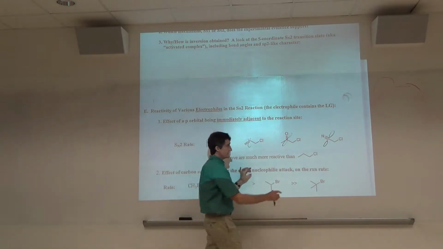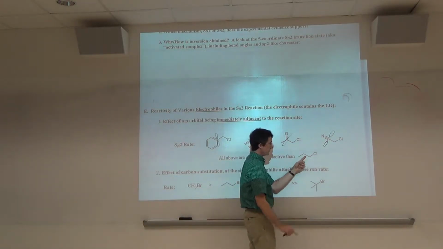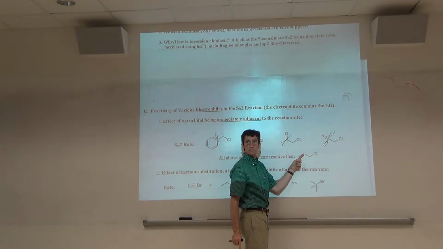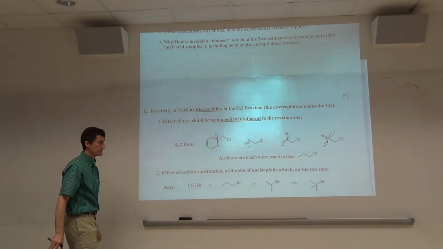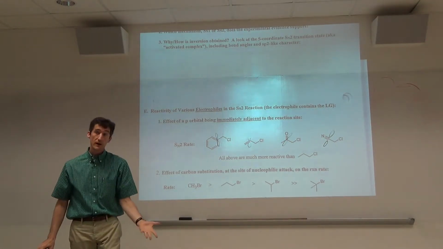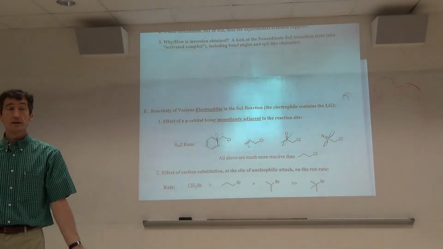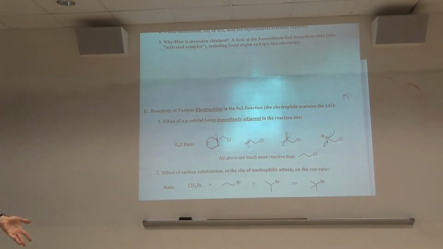They're much more reactive than just say this guy. Is there a p orbital adjacent atom here? No. Why does having a p orbital adjacent make it much more reactive? Well, here's the obvious answer. It lowers the transition state energy, right? Then the question is, how does it lower the transition state energy?